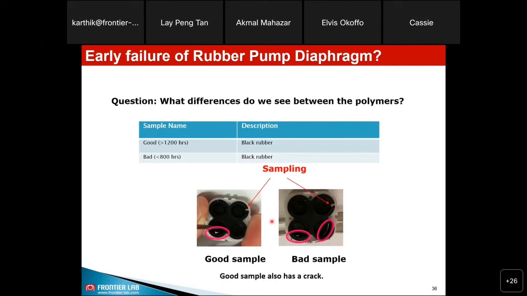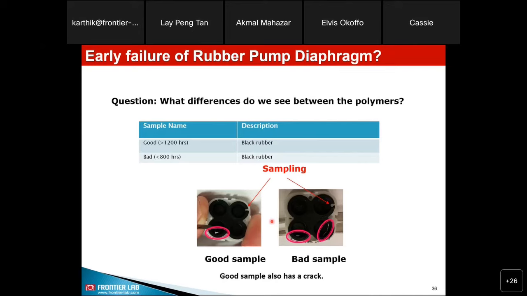That can be a difference in the polymer, the rubber, or a difference in the type of additives present. So it is pretty clear what we wanted to know, but how do we go about it? Because it is a failure analysis, you cannot take things for granted, so you have to go a systematic way.